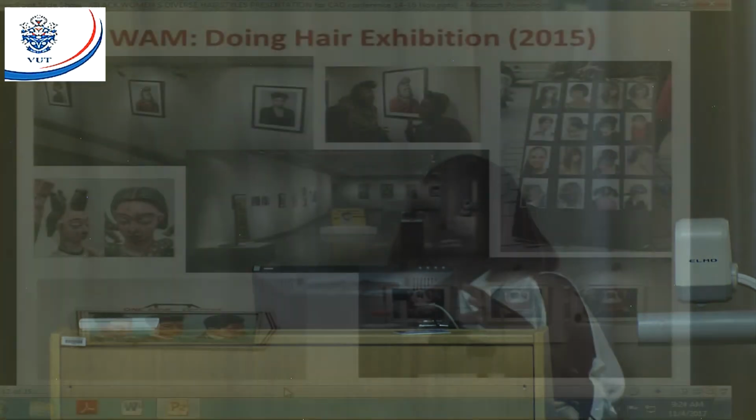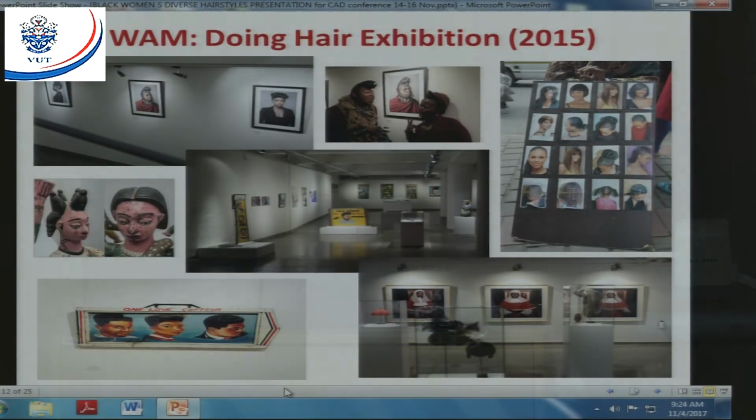The Doing Hair exhibition also looked at the historical background of black hair. It also featured women who sit in Bree Street, who advertise with different hairstyles. It features everything that has to do with black hair, from combs, from artificial hair to natural hair to photography, and included every art aspect that you can think of.